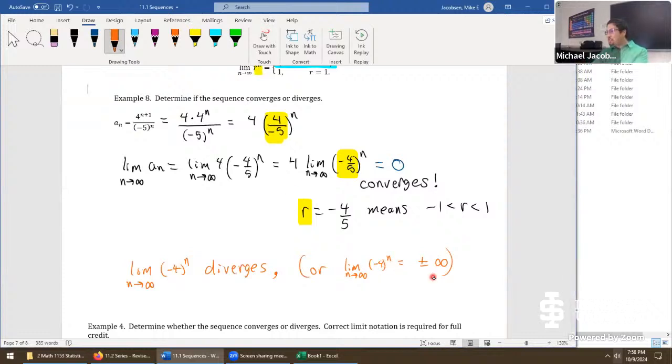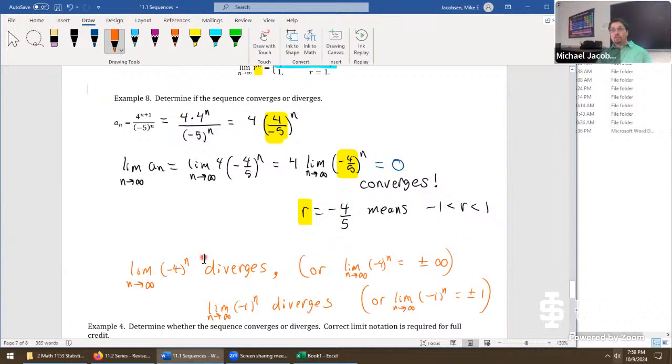But the question you were actually asking was this: the limit as n goes to infinity of -1 to the n diverges. Or some people might say the limit as n goes to infinity of -1 to the power of n is positive or -1. Again, these are not always the best shorthands, but if it makes sense, then it's not too bad a thing to say.